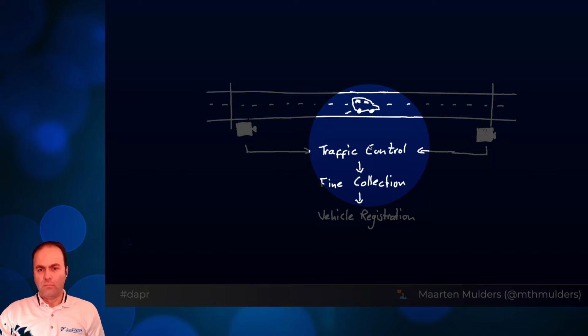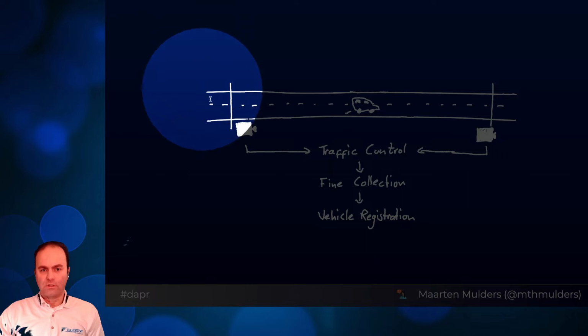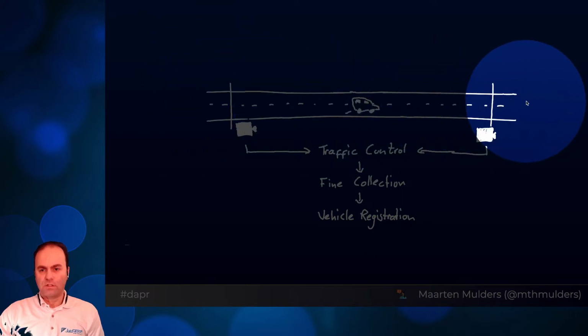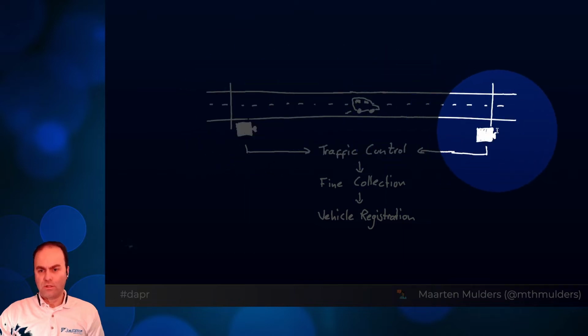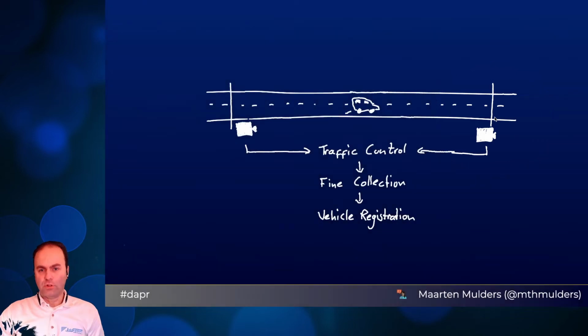So given my license number as a key, it stores when I enter the system and when I leave the system. It calculates how much time there is between those two registrations, and of course it knows the distance between those two cameras. And using that information, it can calculate what my average speed was. If my average speed is too high, it can determine that I need to get a speeding ticket.